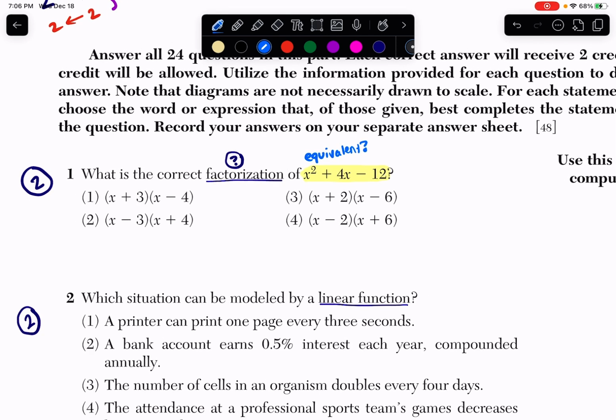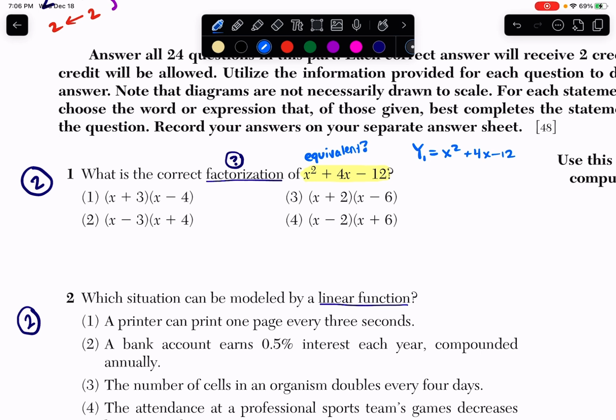So what I'm going to do is put my question into y1 on my graphing calculator. So if I put this in y1, what I'm going to do is one at a time, put my answers into y2 and compare the tables.